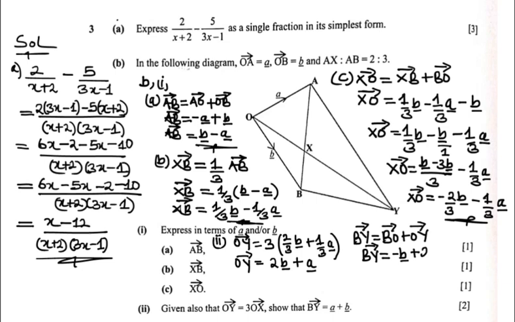So now we can add negative b vector plus 2b vector, that will give us b vector. So BY vector is equal to b vector plus a vector, which can also be written as follows: BY vector is equal to a vector plus b vector, hence shown.